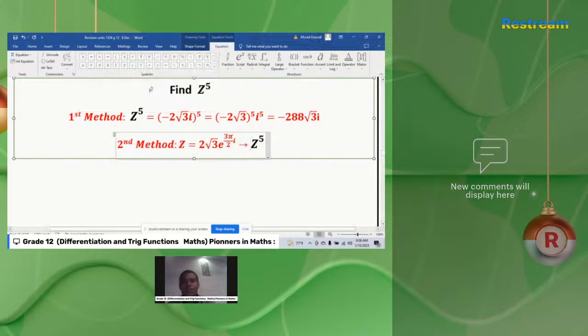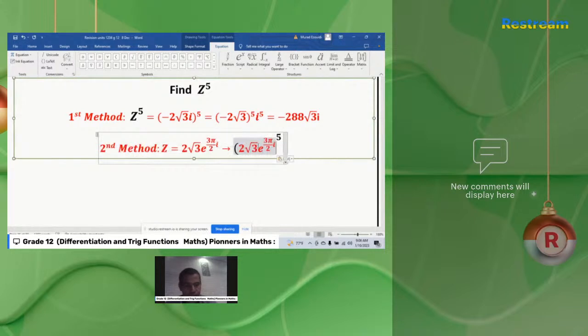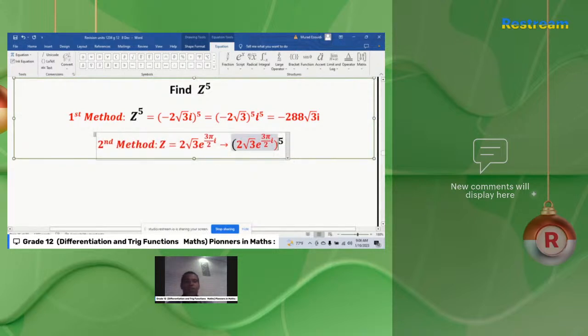So I just write 2. This one I need on this z to the power 5. Therefore, 2 root of 3 to the power 5, I will write like that, equal this one.